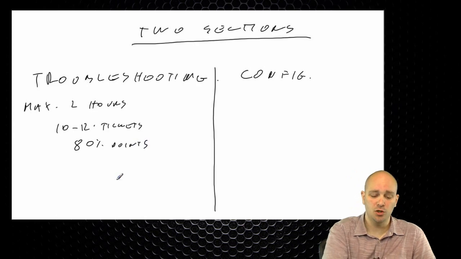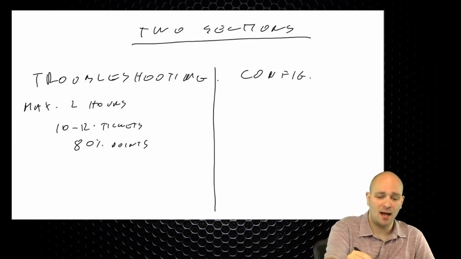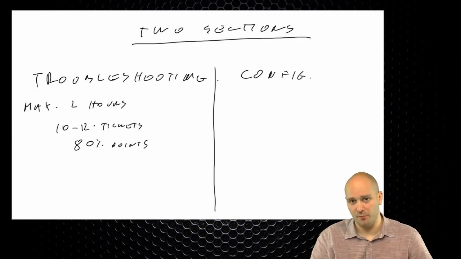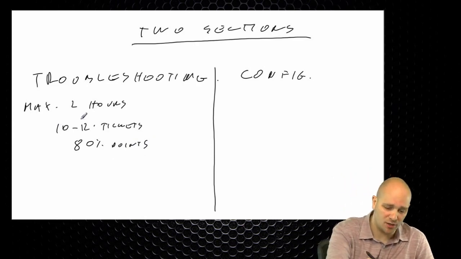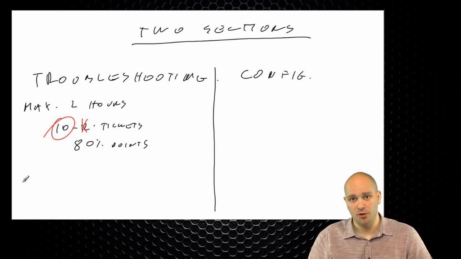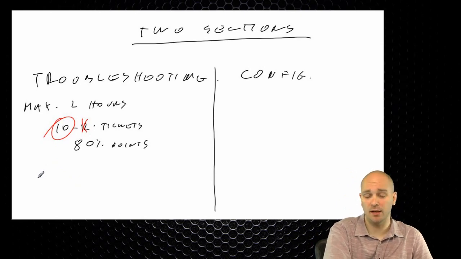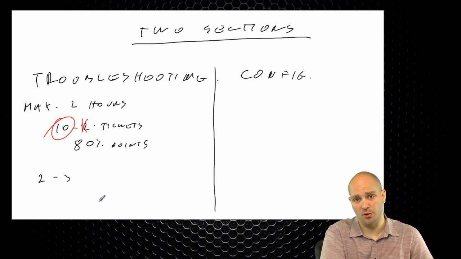Now, usually, this is the official information from Cisco. A little bit less official information from Cisco is that you are actually going to have 10 tickets in your troubleshooting section. These tickets are going to range in point value between 2 and 3 points.